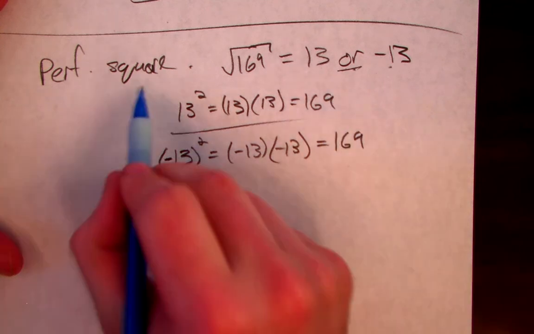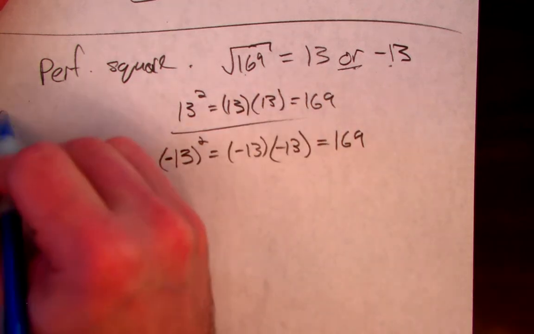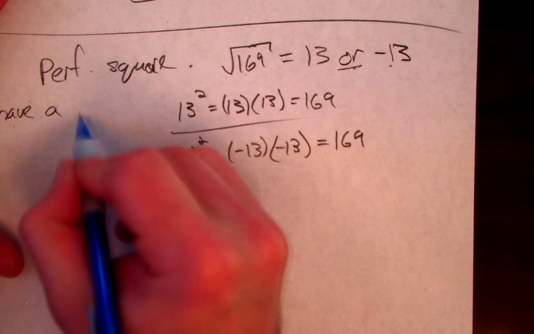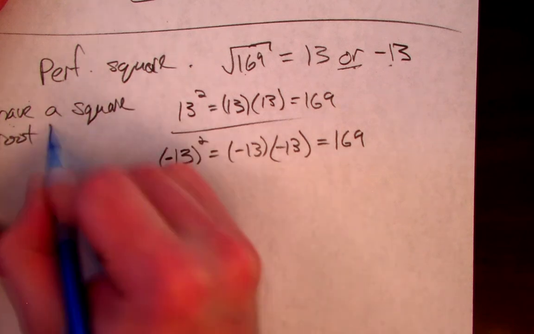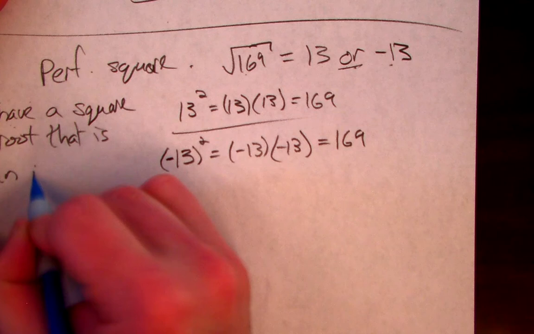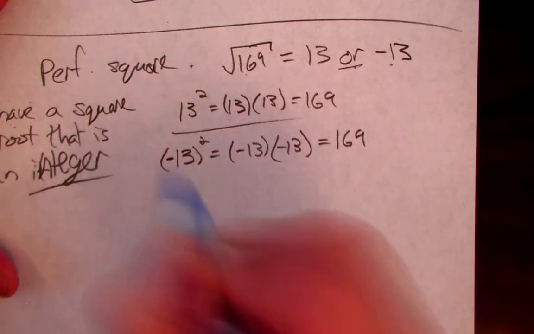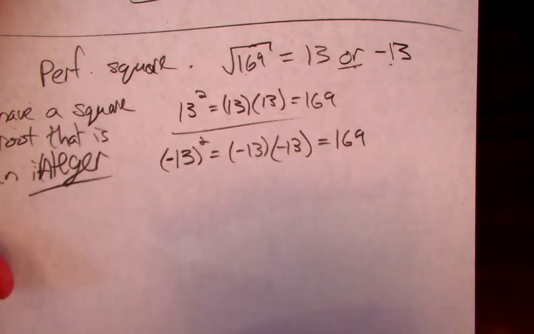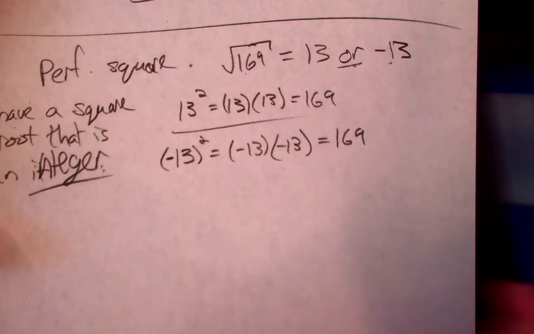Again, a perfect square is when you have a square root that is an integer. Use those key real number subsets for yourself.